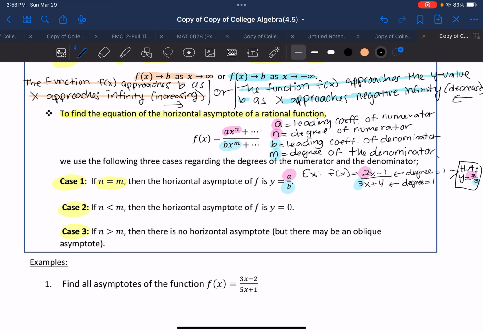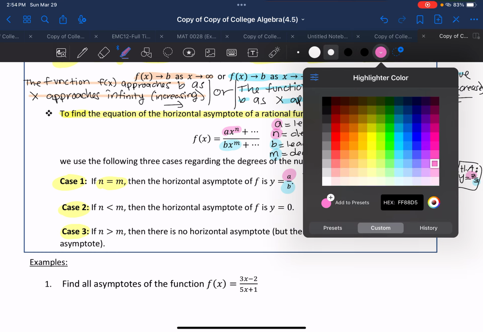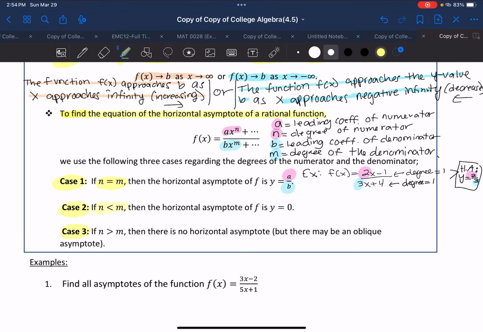And then the second case is if the degree on the numerator is less than the degree of the denominator.